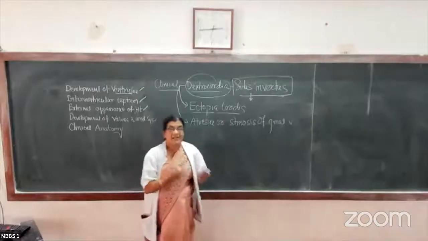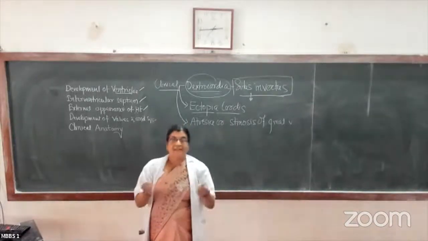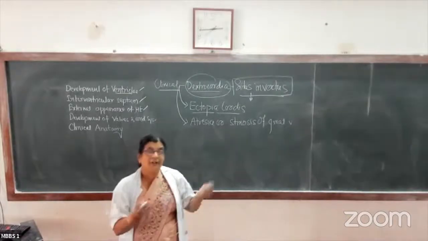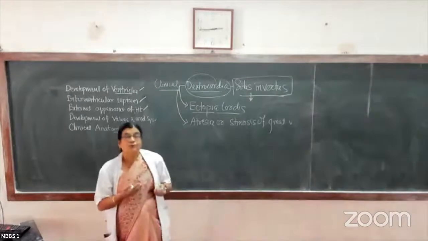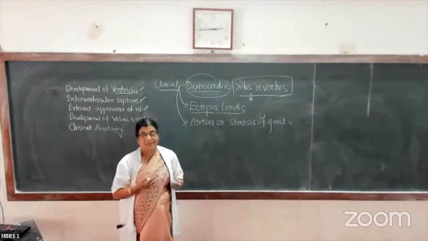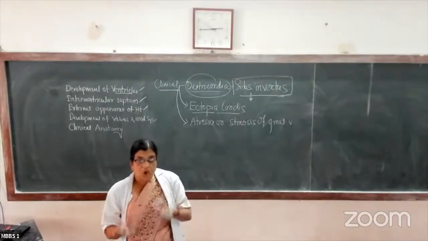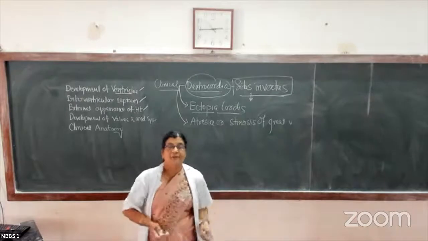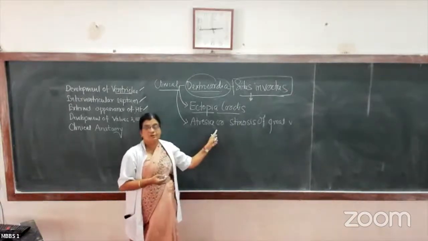That's why, as the function of the right ventricle increases, it undergoes hypertrophy. As there is right ventricular hypertrophy, the right atrium will also undergo hypertrophy, and foramen ovale will not close because of the more pressure on the right side of the heart. And right side develops more than the left side. Left side will be rudimentary when there is a pulmonary stenosis.